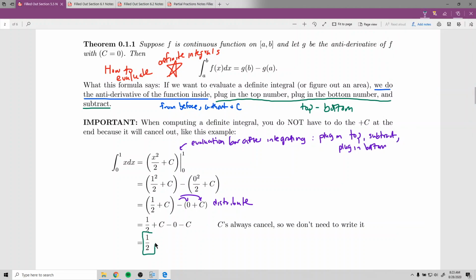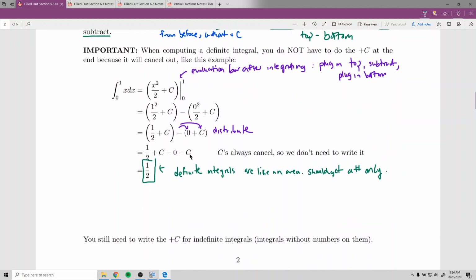Remember, the definite integral is like an area, so you should get a number. It can be negative, like we saw last section, so it can be a negative number. But you should only get a number as your final answer.